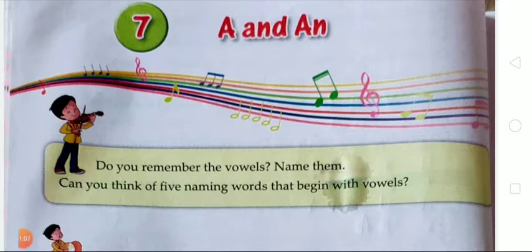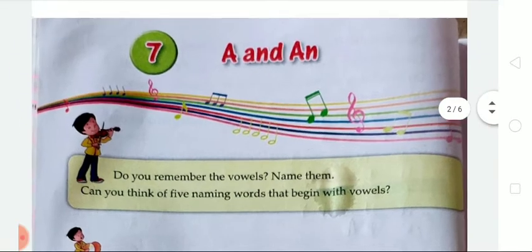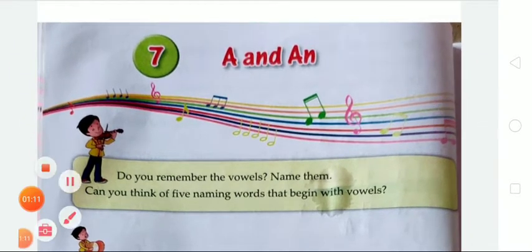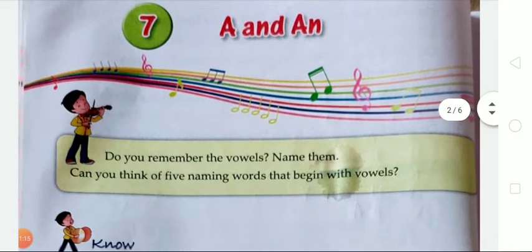In our previous classes we have learned that the alphabet has two parts. The first part is called vowels and the second is consonants, and there are 5 vowels in the alphabet that we already learned in our previous classes.